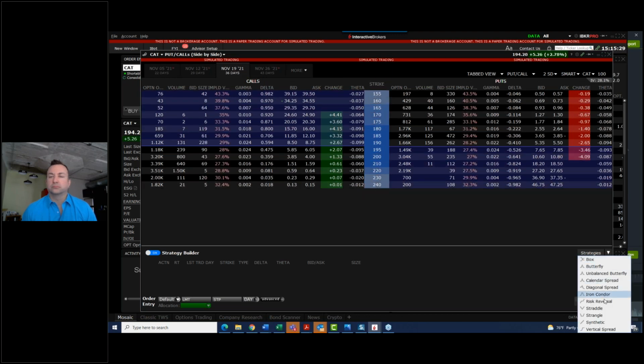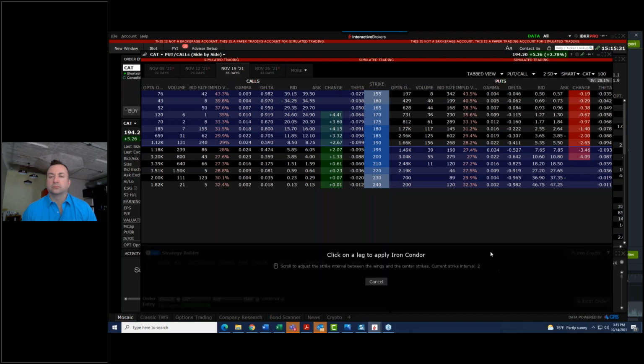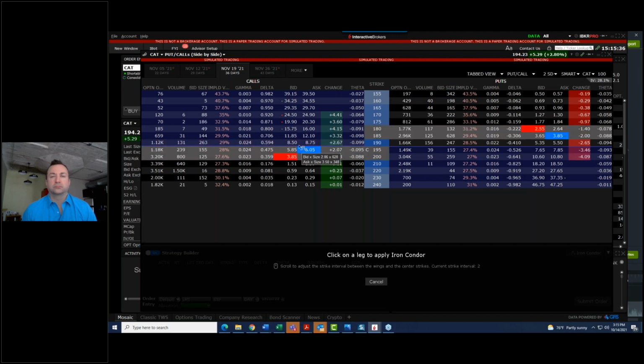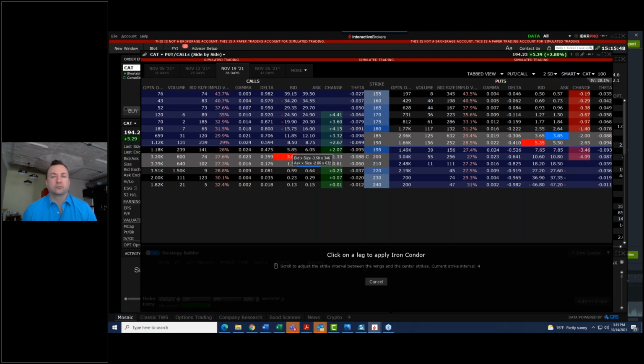Again, lower right, I'm coming down to look for my iron condor. And I'm going to click on one leg of the condor. First of all, what I'm going to do is hover over, really looking at the 195, I'm hovering my cursor over the 195 bid strike line there.